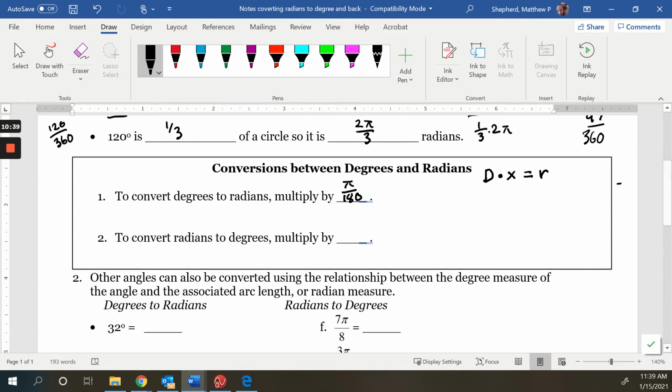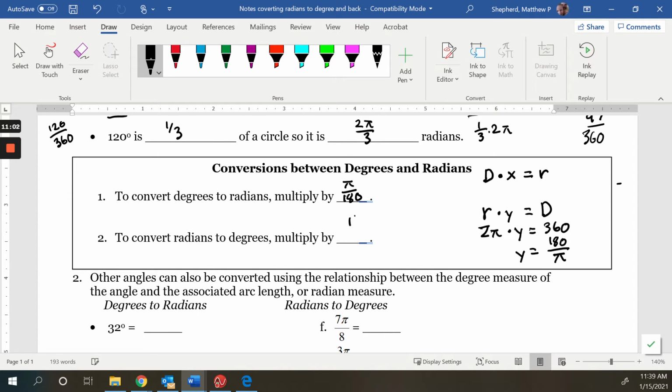A similar rationale can be used to go the other way. So if I want to start with my 2 pi radians, multiply by some number to then get 360 degrees, well, that number is going to be 180 over pi.